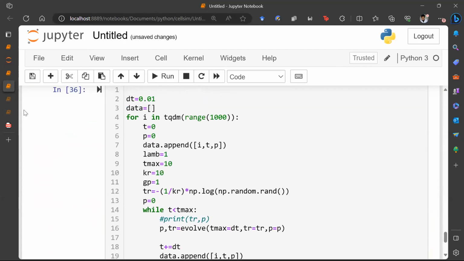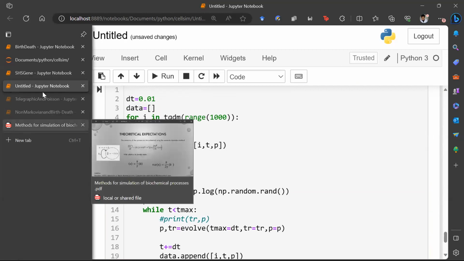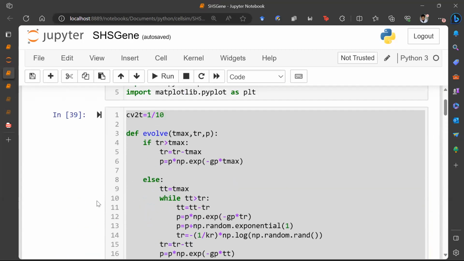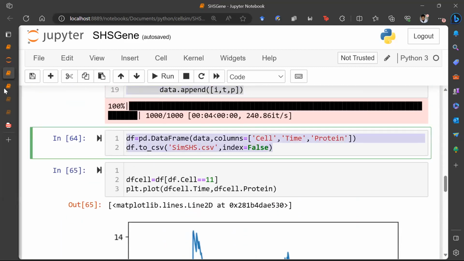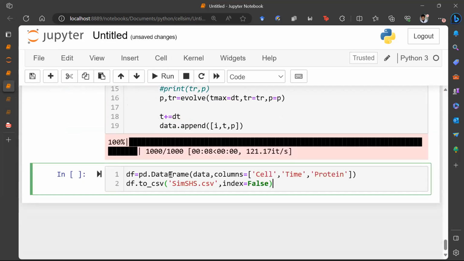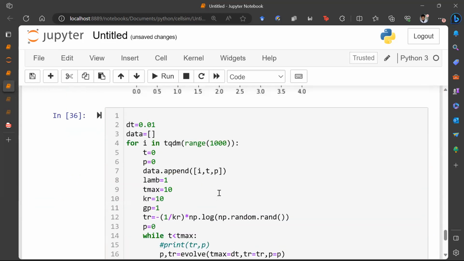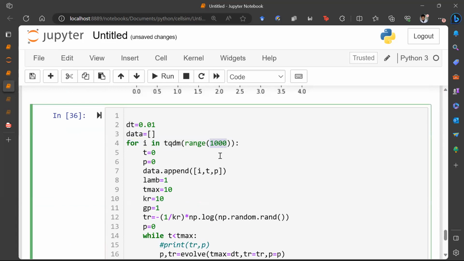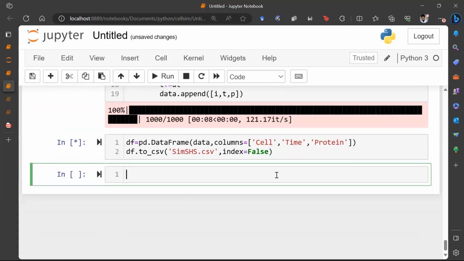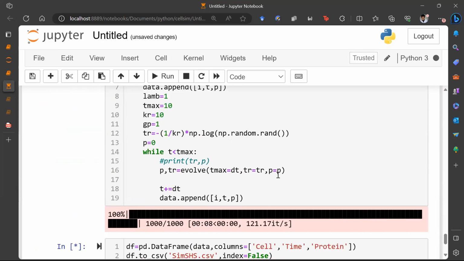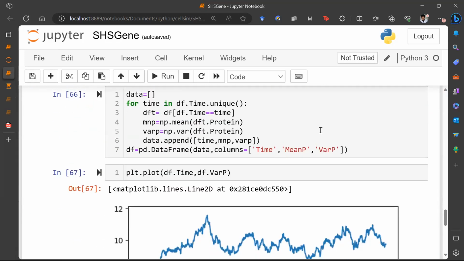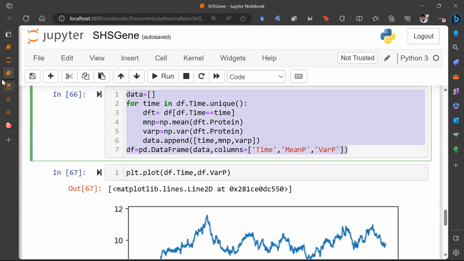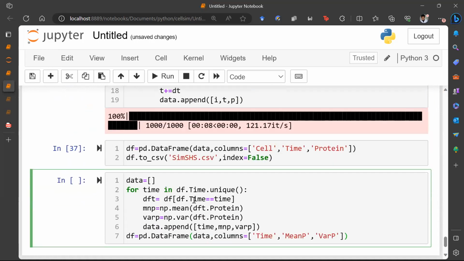It's approximately 10 times faster. So I simulate 1,000 cells here for estimating the moments of the process, and I can show you using this how the mean and the variance look.